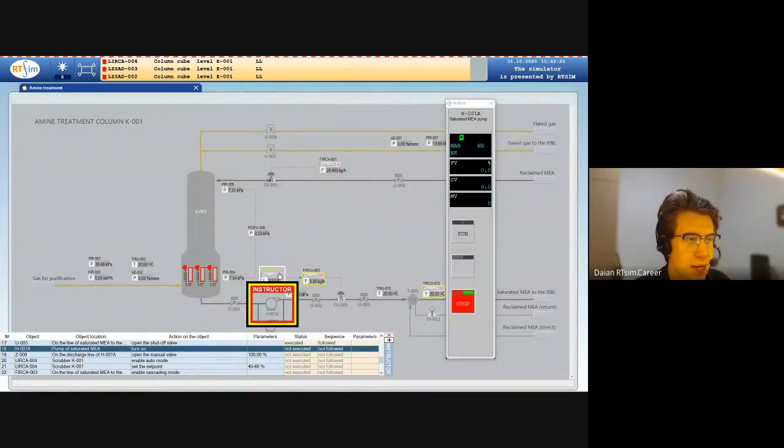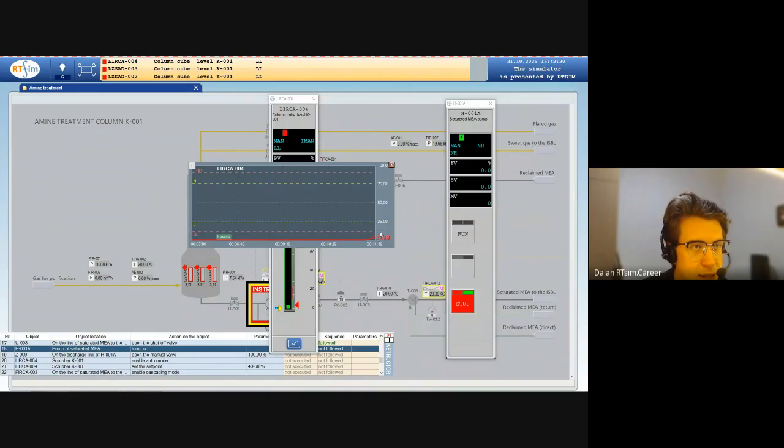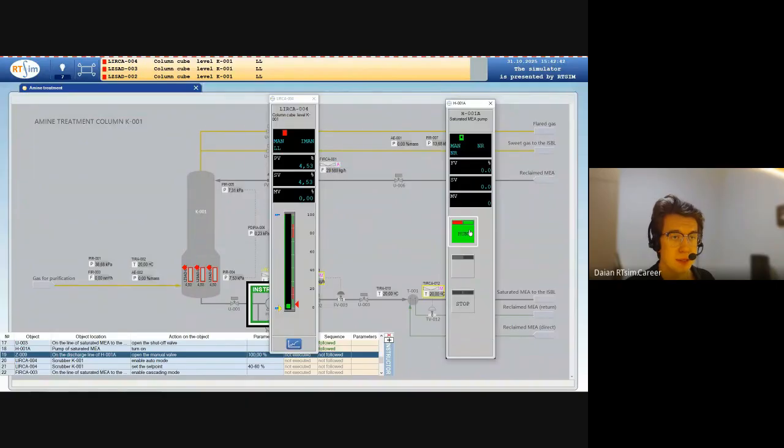We can see that the minimum allowed value in our column, the lower lock level, is about 11%, and the lower alarm value is 25%. So if we try to run our pumps, it will work for only 1 second, and then the emergency shutdown system will stop our pump.